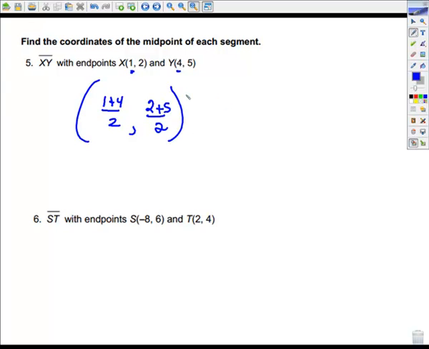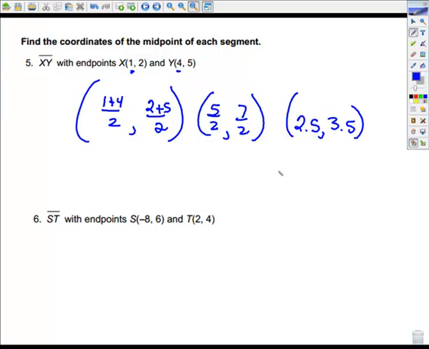And now I'll just do the arithmetic. 1 plus 4 is 5 divided by 2. 2 plus 5 is 7 divided by 2. And we can turn these into decimals. 5 divided by 2 is 2.5. 7 divided by 2 is 3.5. So the midpoint is right here. If we were to draw this as a segment, this would be right in the middle.